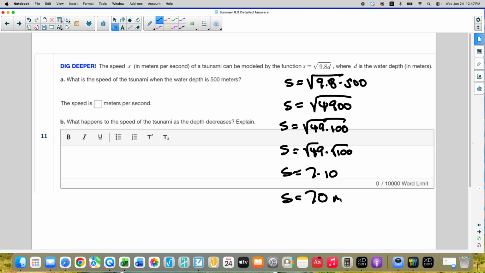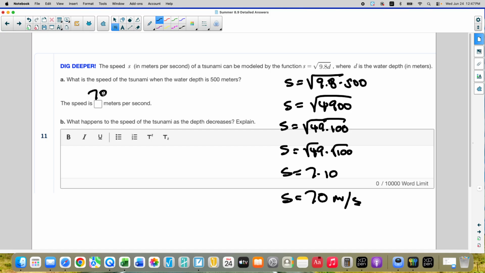70 meters per second. What happens to the speed of the tsunami as the depth increases? As the depth increases, the speed increases.